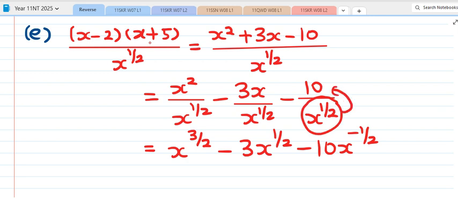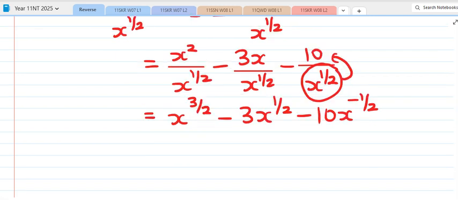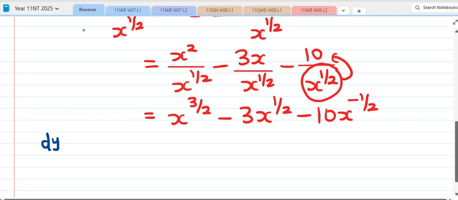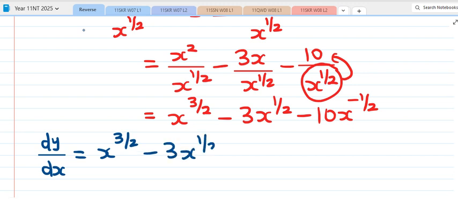Right. So here, the function that you're going to integrate, dy by dx, would be x to the power of 3 over 2 plus 3x to the power of half minus 10 x to the power of negative half.